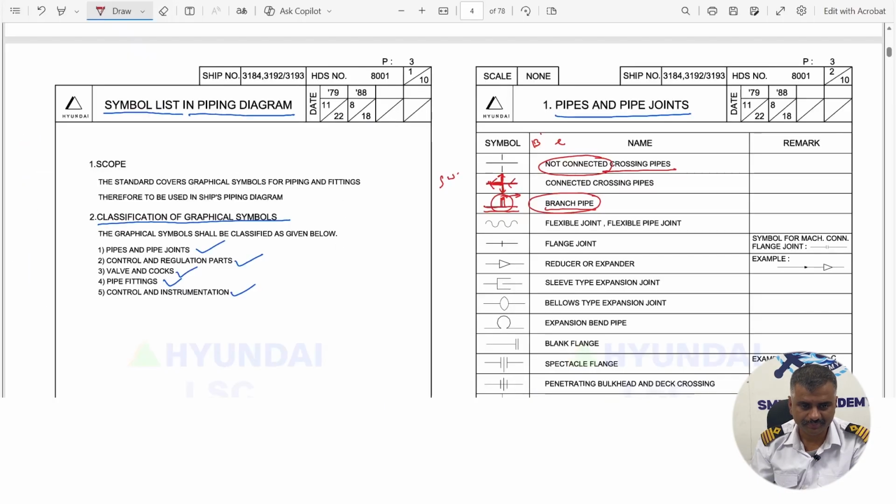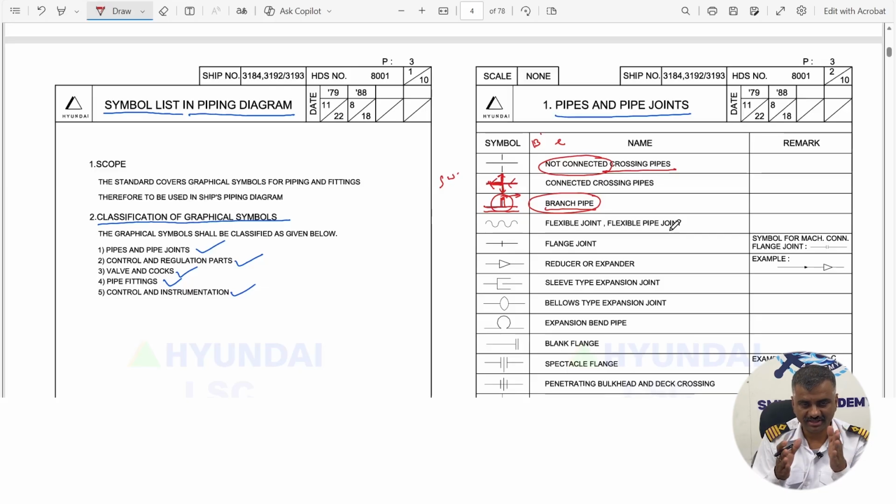Now further, the flexible joint or flexible joint pipe. Why do we use a flexible joint? Say there is a pressure pipeline, say a hydraulic oil line at 200 bar pressure. In that pipeline you will find at places some flexible joints given. Why are they given? To accommodate the pressure fluctuations in the line.